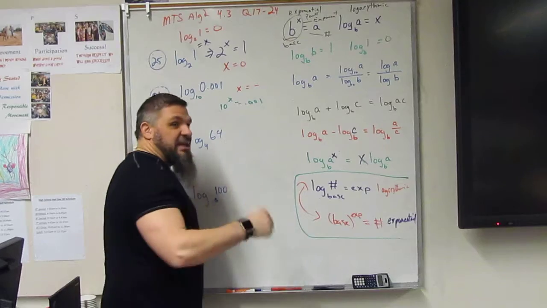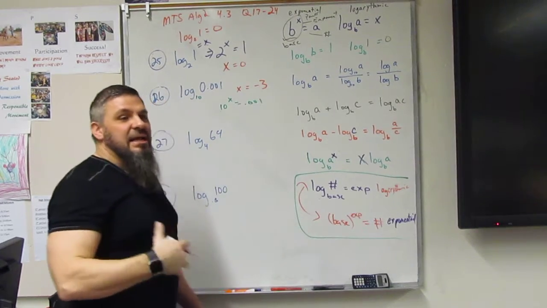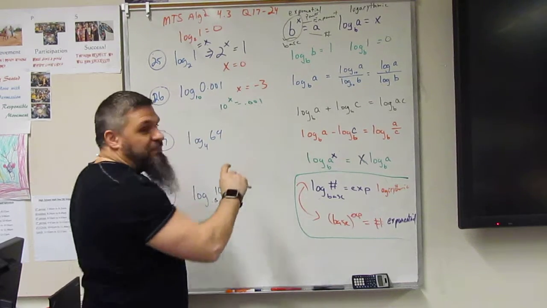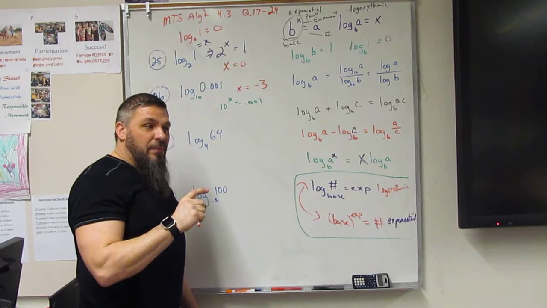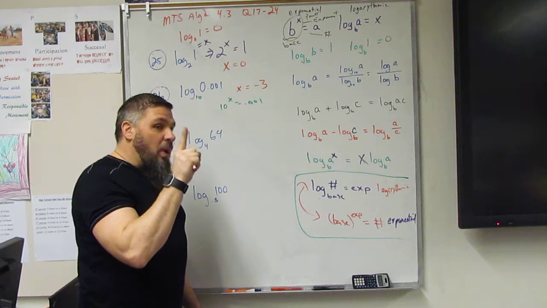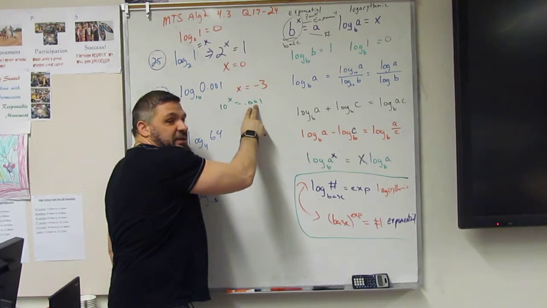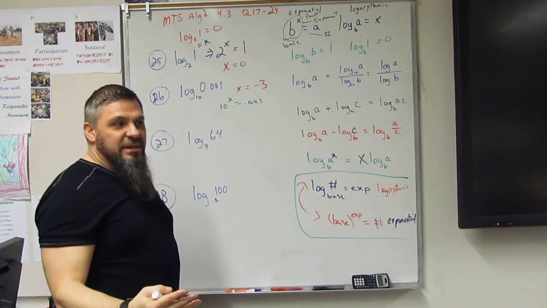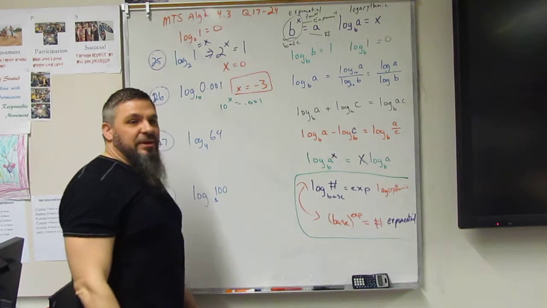So it takes 3 tens. So I'm going to take 3 of those tens, but it's a negative 3. Negative meaning I flipped it to make it a fraction, right? 1 ten would give me 1/10. 2 tens would give me 1/100. 3 tens would give me 1/1000. Does that make sense? So x has to be negative 3.